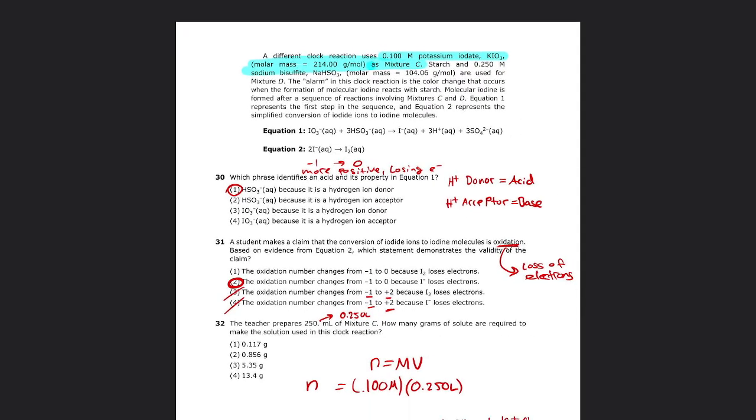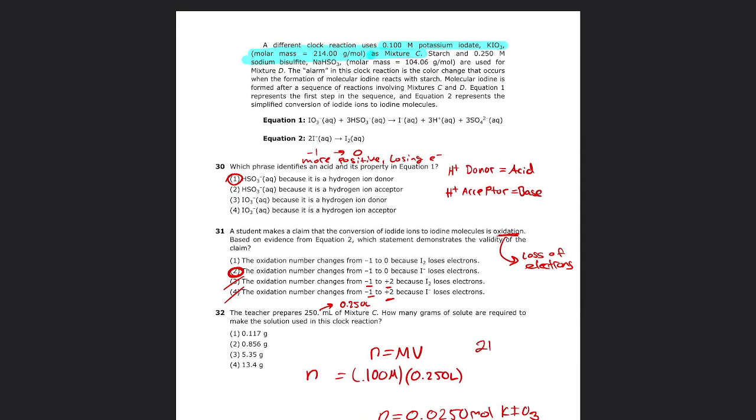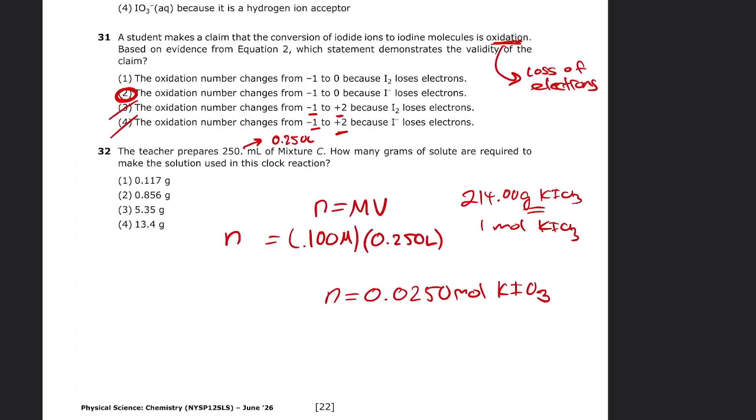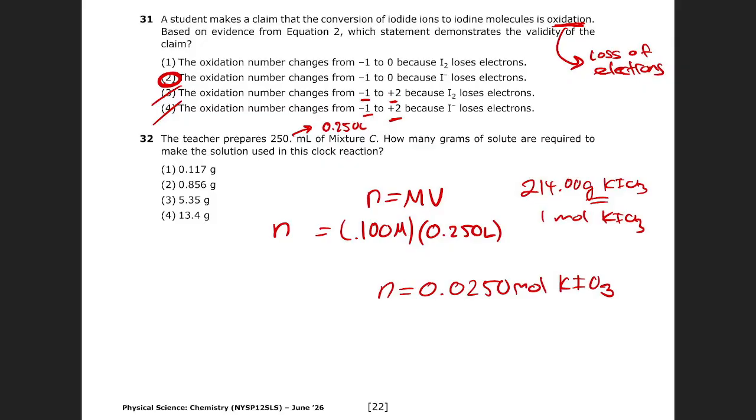Right, which it gave us the molar mass of. We know that 214.00 grams of KIO3 is equal to 1 mole of KIO3. So then we just have to convert that mole value that we just solved for. Right, so that comes with some dimensional analysis. I will start by writing the moles on top.